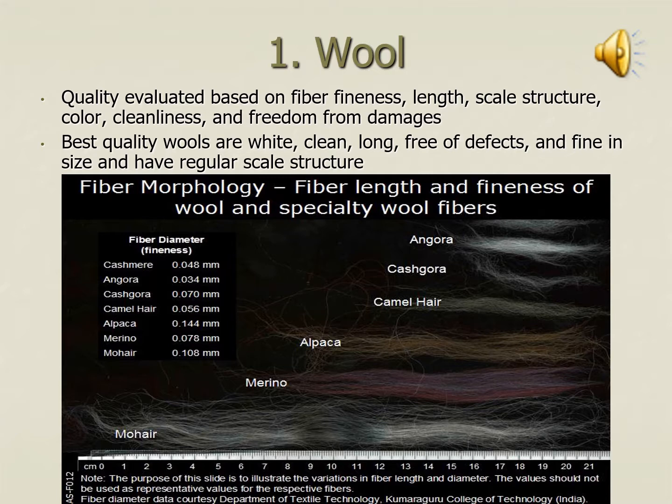So the length and the uniformity is super important in terms of quality, and fibers that are evaluated in this manner, that are longer and more uniform and softer, are generally considered higher quality and therefore have a higher cost. So that's kind of the difference between the different types of wool fibers, and this picture shows you the difference in length and what we're talking about here.